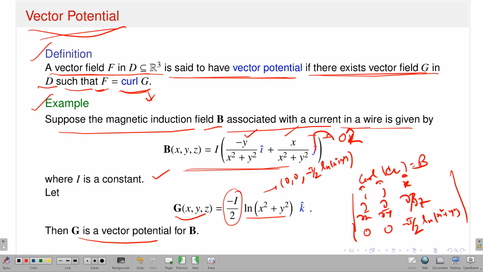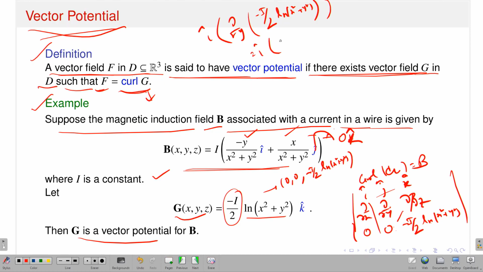So, therefore, you just calculate what will be my i cap component. I have to take the del del y of minus I by 2 times ln of x square plus y square. Because this one is 0, del z of 0 is 0. So, you just take the derivative.